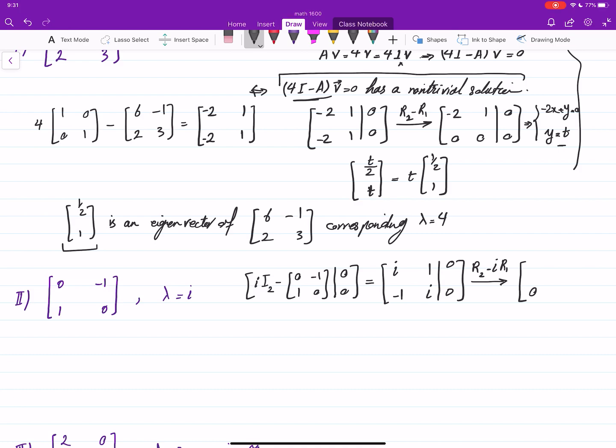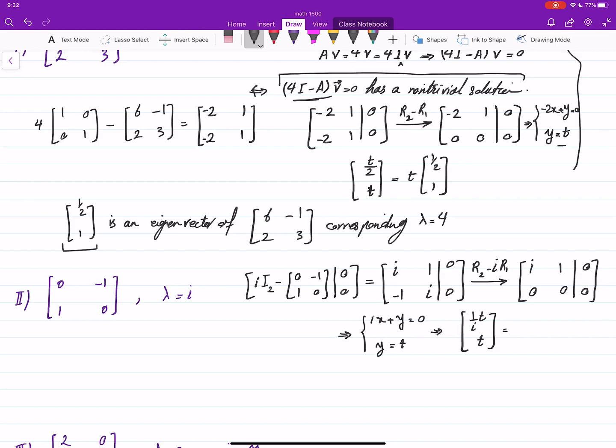And 1 times negative i plus i is 0. And this is i, 1. We'll find now a solution for this. This means that i times x plus y is equal to 0 and y is equal to t. And solutions for this will be t times 1 over i, and t.